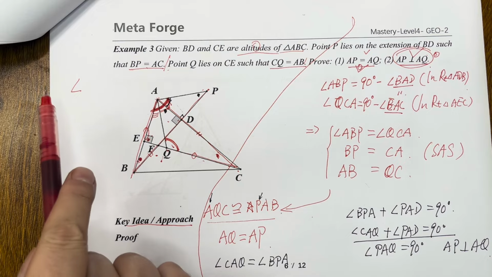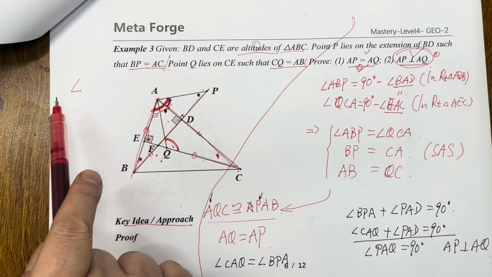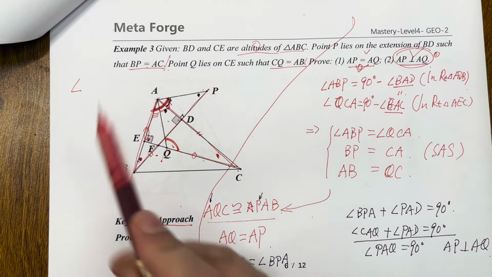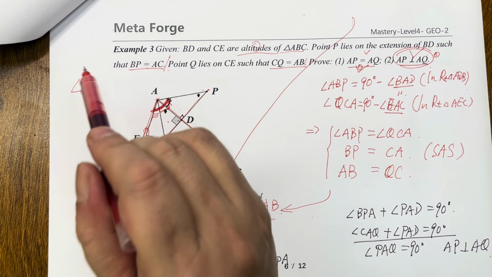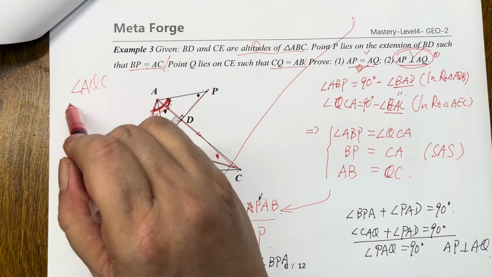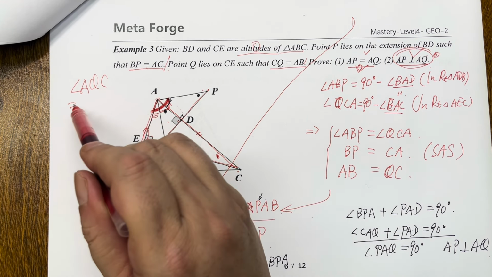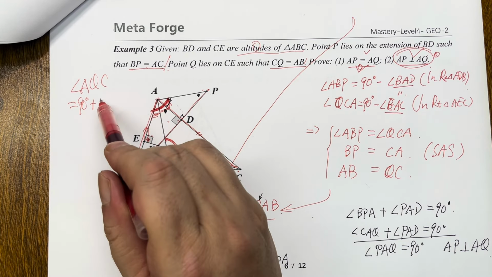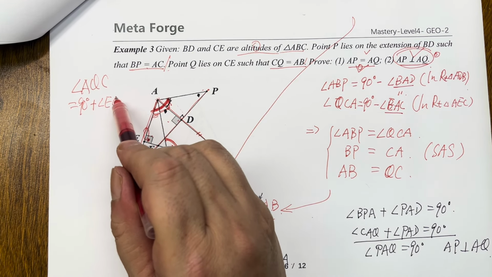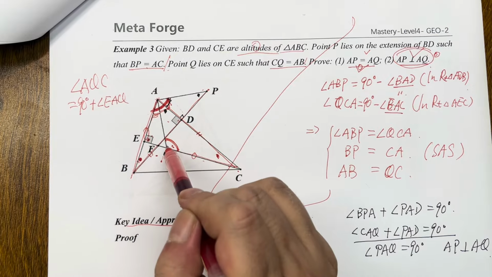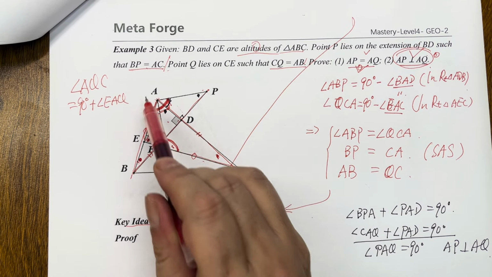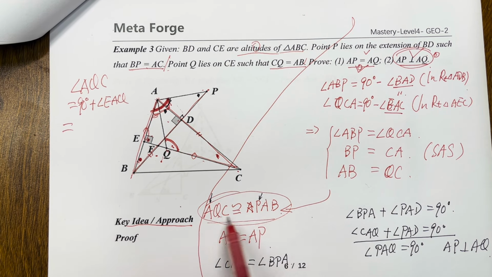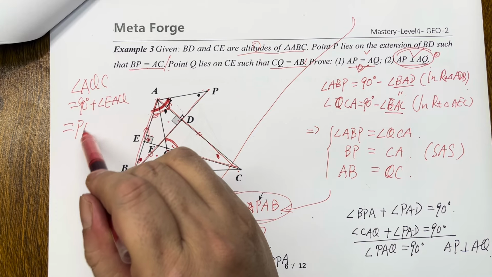But we can try another way of chasing angles around in this figure. Okay? Angle AQC equals 90 minus this angle EAQ. And from the congruence, AQC equals PAB.